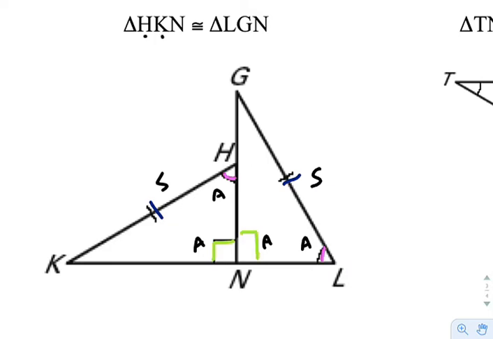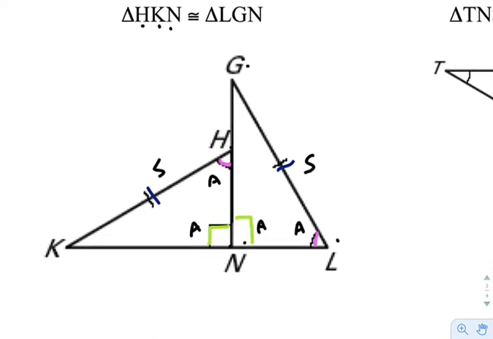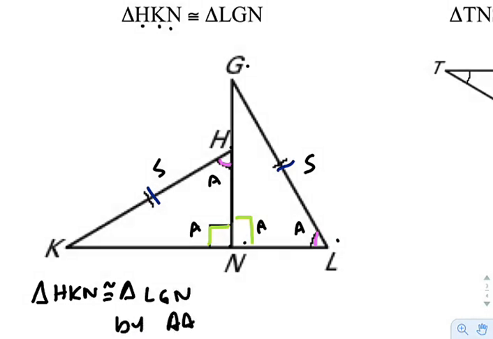H, K, N: pink, up to nothing, down to right angle. L, G, N: pink, up to nothing, down to right angle. So that looks like it's going to be correspondingly written. So we have triangle HKN, and that's going to be congruent to LGN. And in this case, it's going to be by the angle, angle, side, triangle congruency theorem.